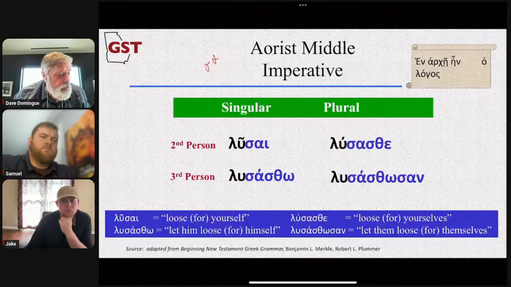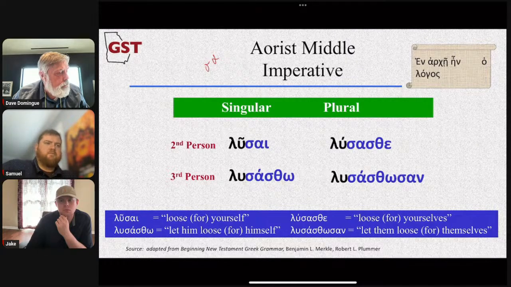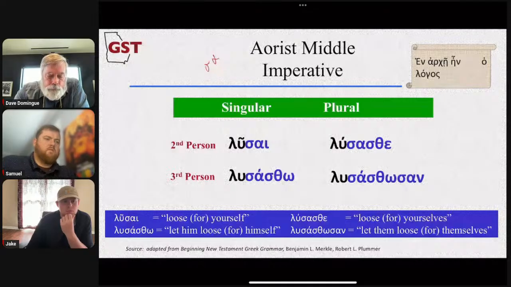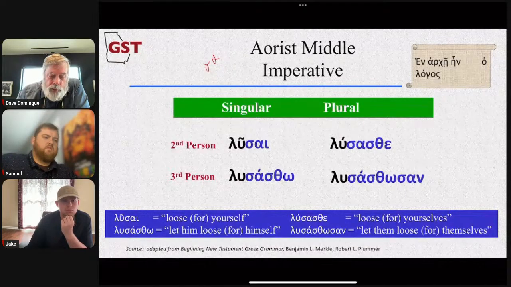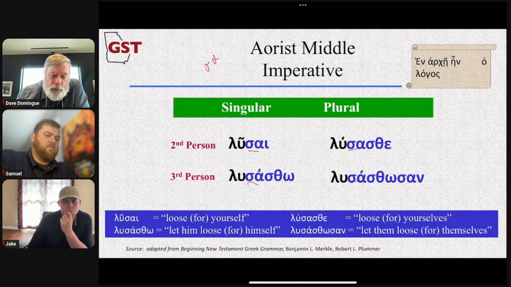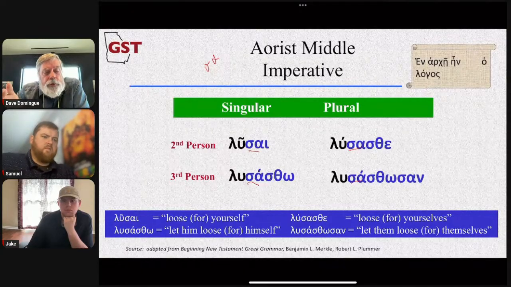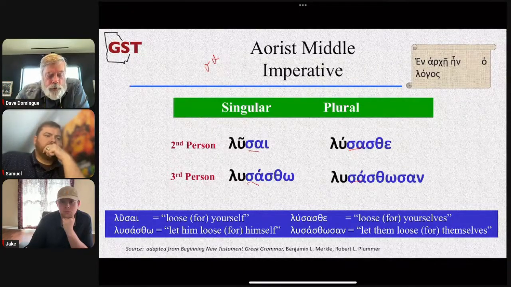I have several grammars I read through before I do this. I try to, anyway. That sigma alpha helps us to see that it's the aorist form, and if it was a second aorist form, we wouldn't have the sigma alpha, but we'd have a different tense stem. That's supposed to help us. Not saying it does; it's supposed to help us.